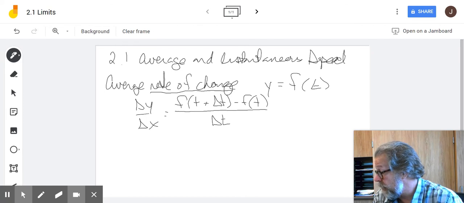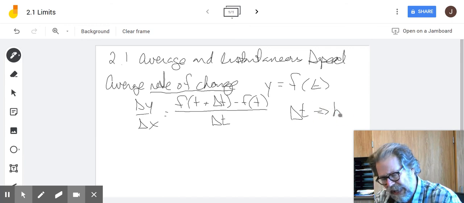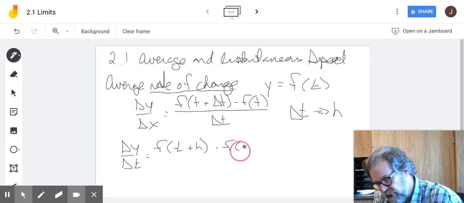And often what we do is instead of delta t, we give that just the symbol h, and why will become clear a little bit later, which means that our average rate of change is f of t plus h minus f of t, divided by h.